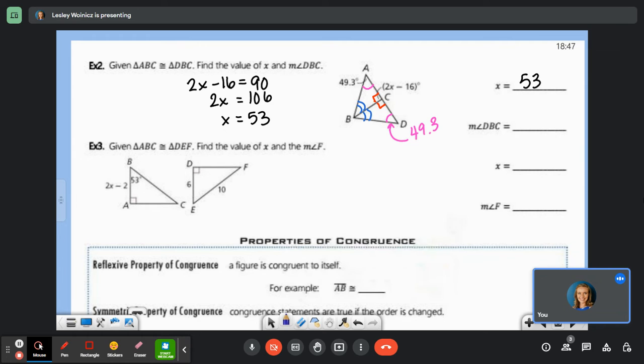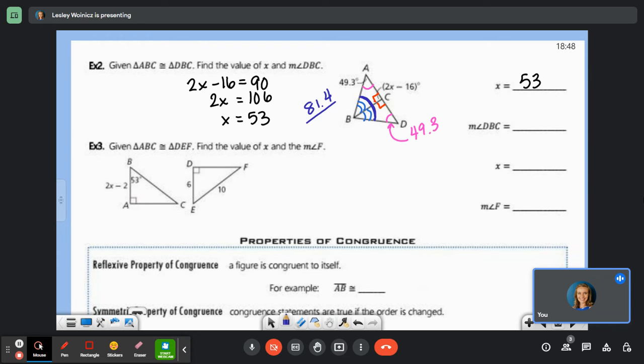That means that I can figure out what the measure is for this big angle by subtracting the two 49.3s from 180. 180 minus 2 times 49.3, I got 81.4 for this one.